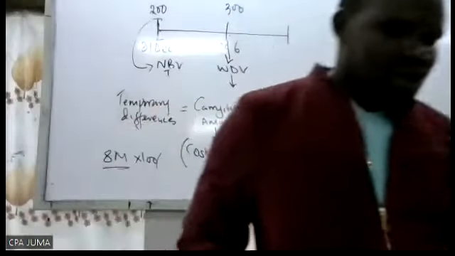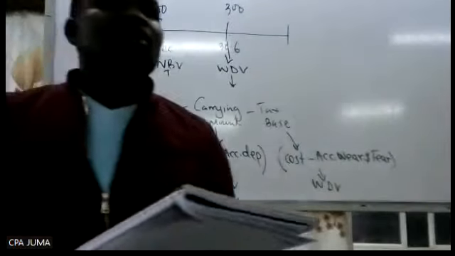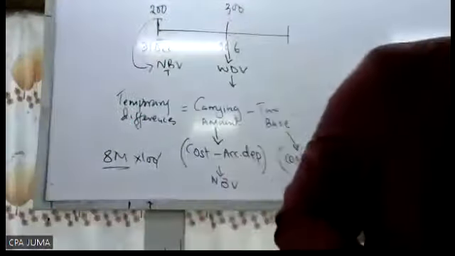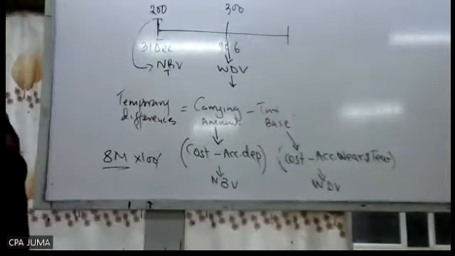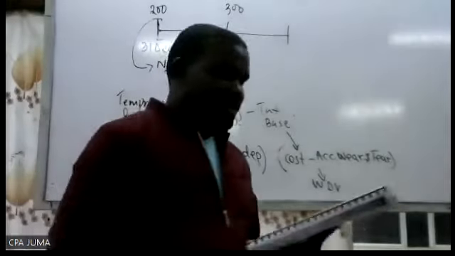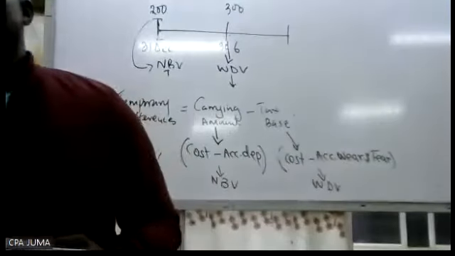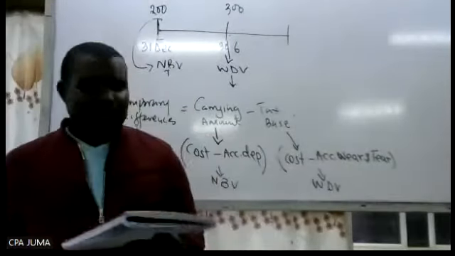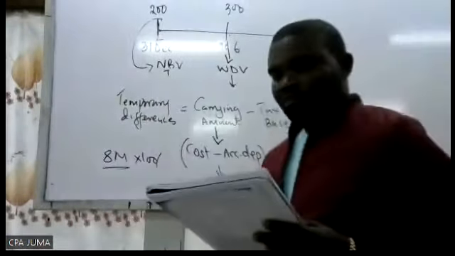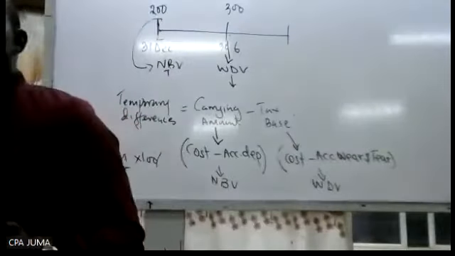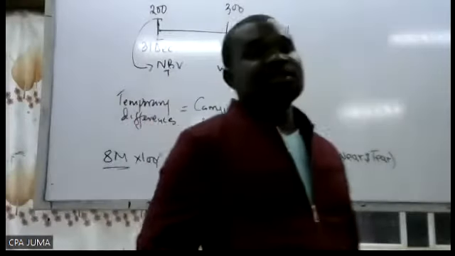You say it arises when the carrying amount of an asset or liability is less than its tax base. Full stop. Another item, they give rise to deferred tax assets.